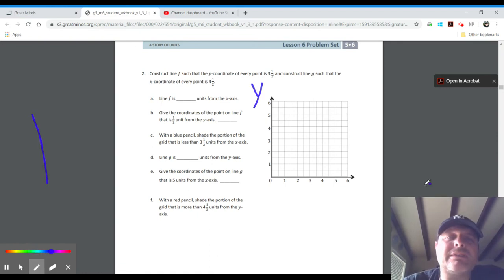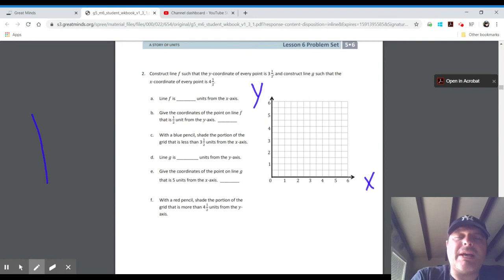They want you to construct two lines, and F has a y of 3.5, so 3.5 is right here. If every point is 3.5 y, that's what it would look like. There you go. And that is line F.